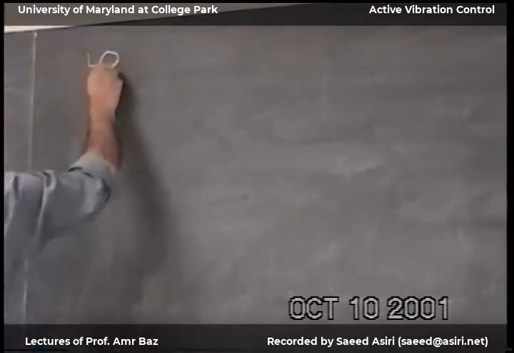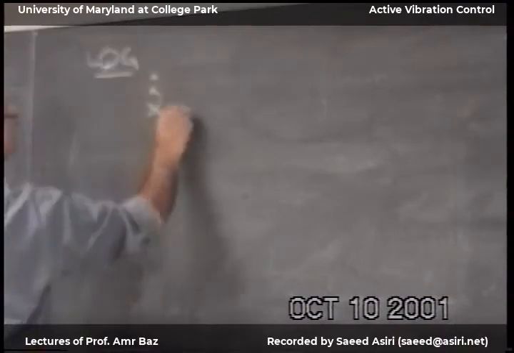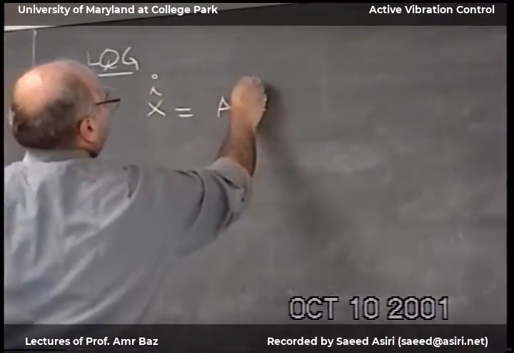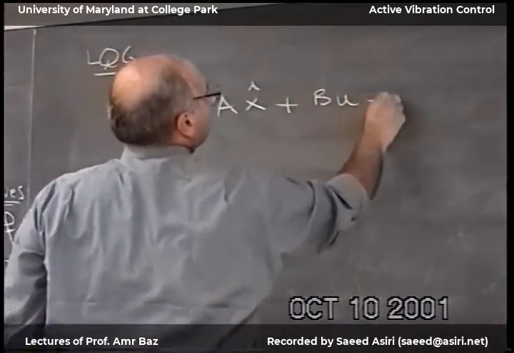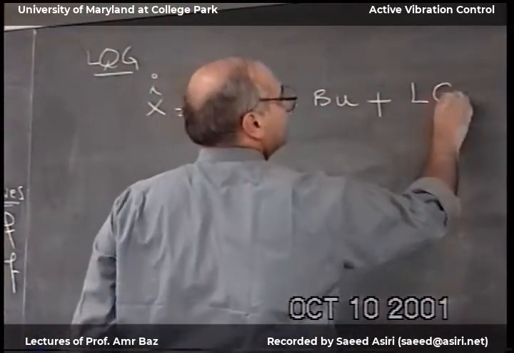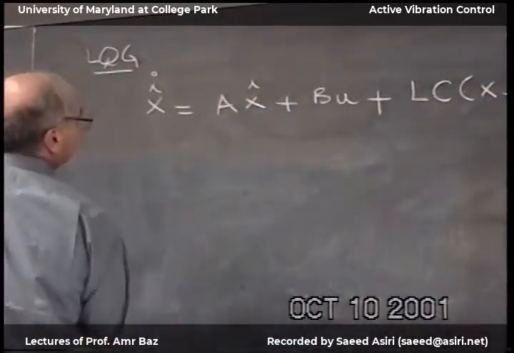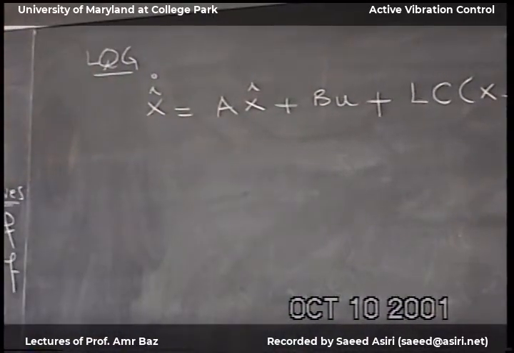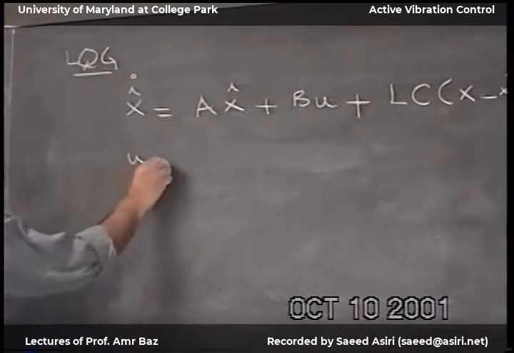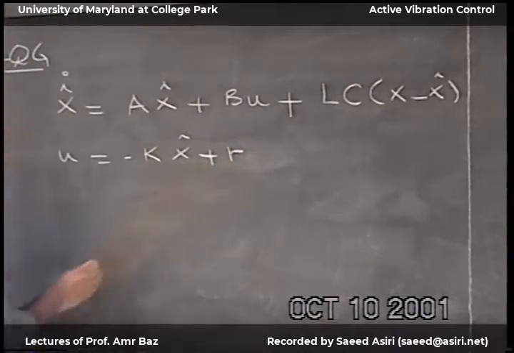Again, we have x hat dot is equal to A x hat plus B u plus L, and I'm going to make this C x minus x hat. And of course u is equal to minus K x hat plus r.